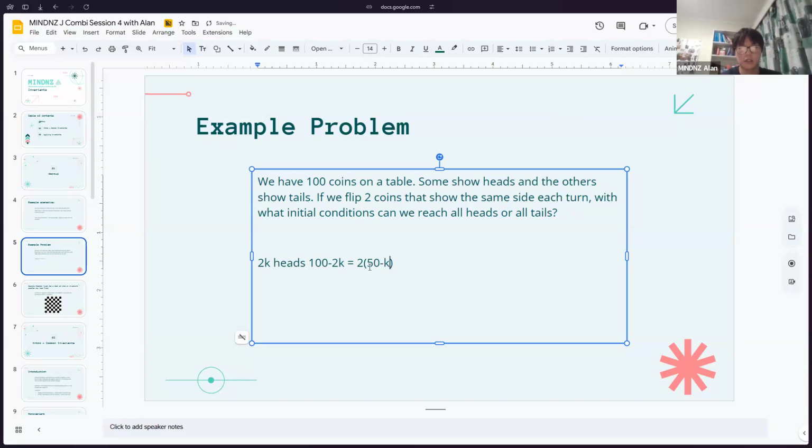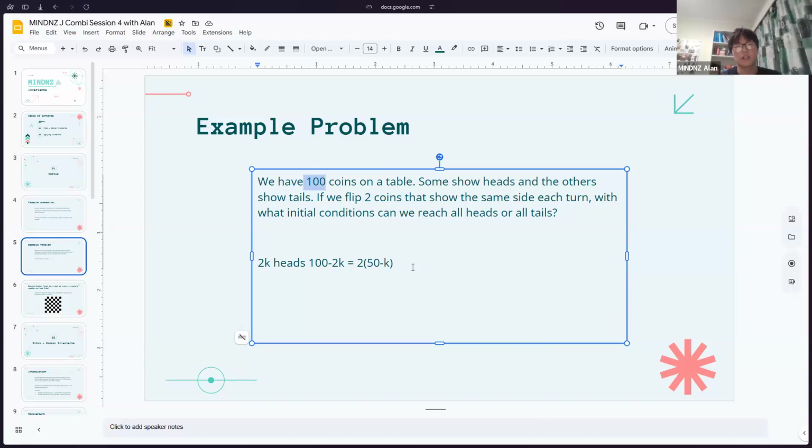And 50 minus k is a whole number, so 2 times 50 minus k is an even number as well. And then we can just flip these coins showing tails each time to get all heads, or we can flip these 2k coins showing heads by flipping 2 coins each time. And then in the end, after some number of moves, we'll have 100 coins all showing heads or all showing tails.